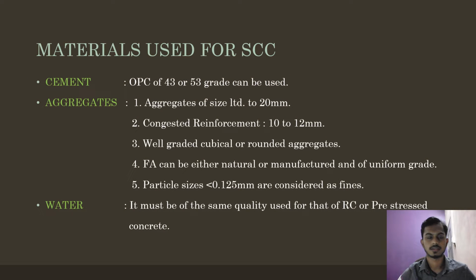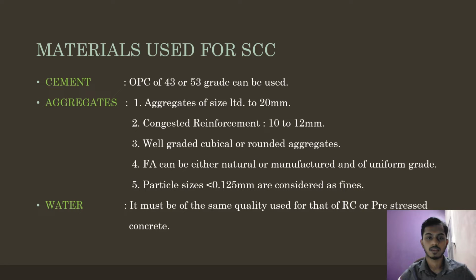Material used for SCC: cement. Ordinary Portland cement of 43 or 53 grade can be used. Aggregates of size up to 20 mm. Second is concrete reinforcement, 10 to 12 mm. Well-graded cubical or rounded aggregates.